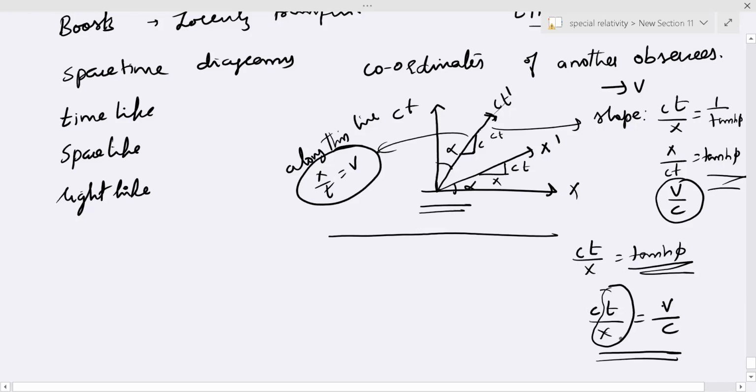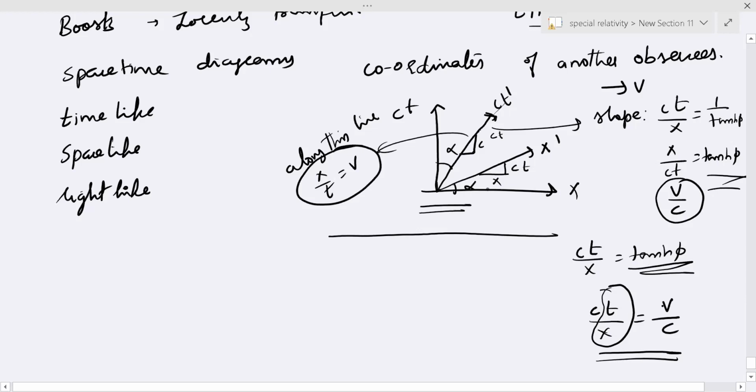Or T by X is equal to V by C square. Am I right? Just give me a moment. We said along this line, CT prime equal to 0, CT by X equal to V by C, that's correct.